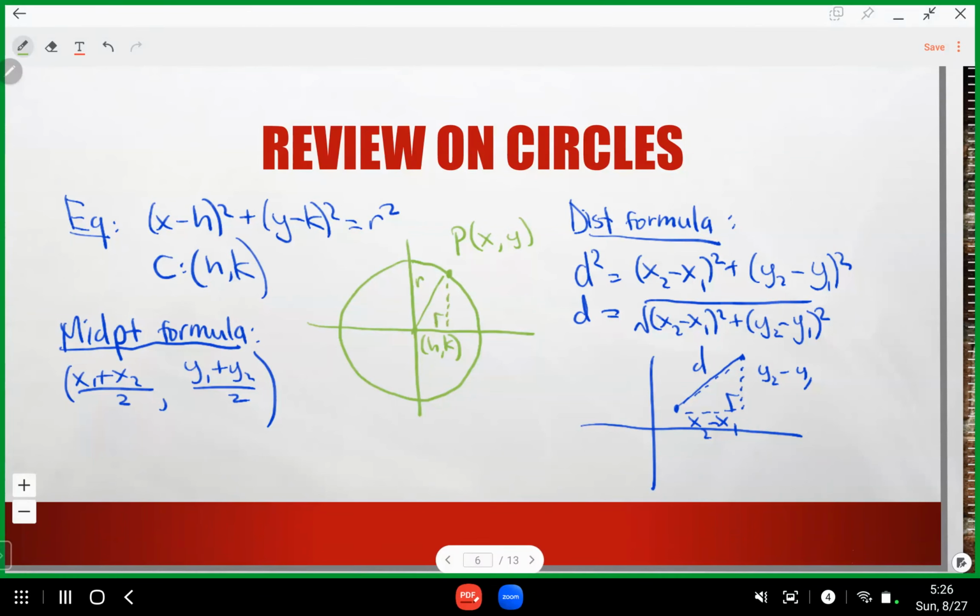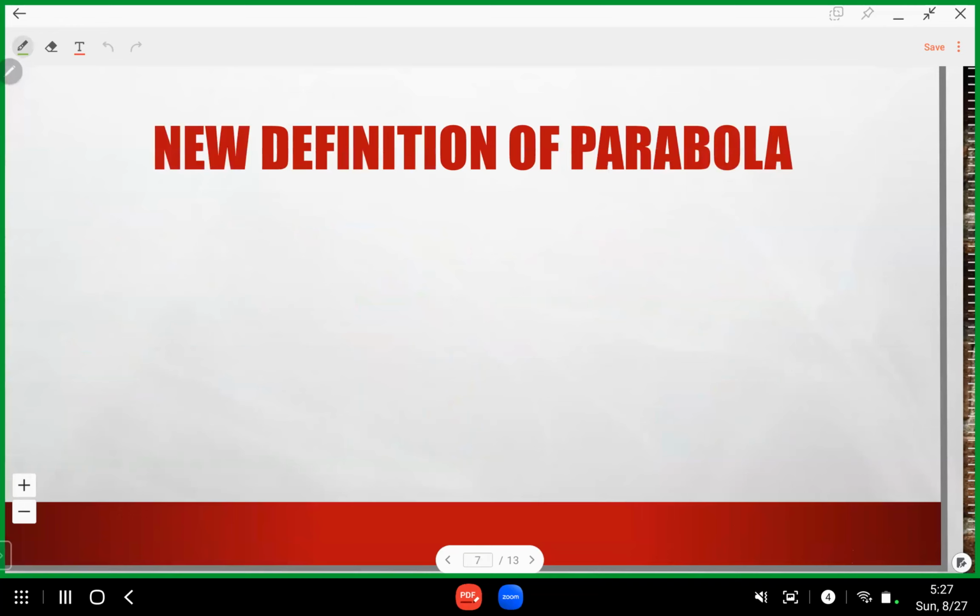And this is our right triangle. To find the hypotenuse, we use the distance formula and the Pythagorean theorem. So we get (x minus h) squared, which is this side, plus (y minus k) squared, is equal to r squared. We don't square root it because that's inconvenient, so we just leave it all squared. So that is the review on circles.